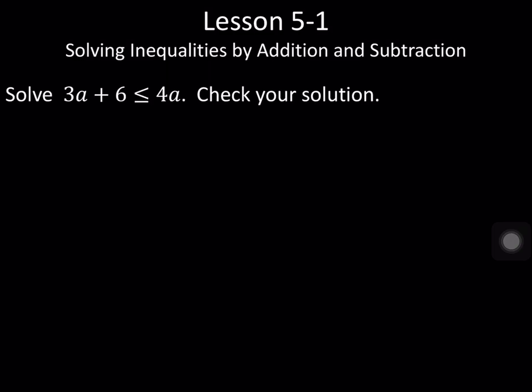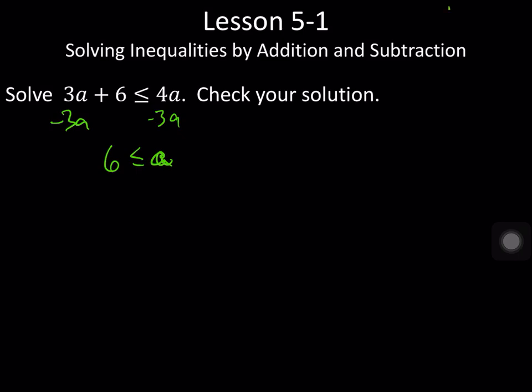And so here the first step still should be to get our variable on the same side of that inequality. We'll do that by subtracting 3a from both sides. And so 6 is less than or equal to a. And that actually solved it for us, right? We didn't have to do any multiplication or division.